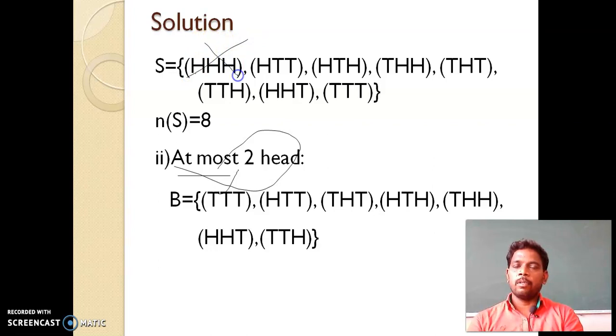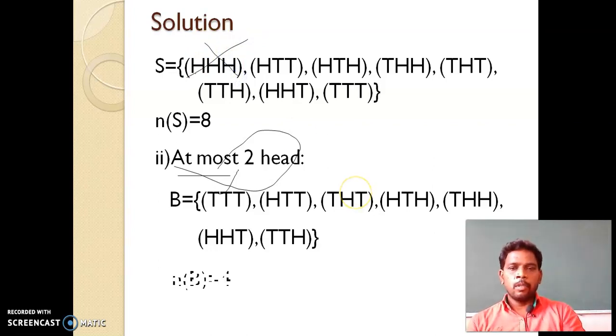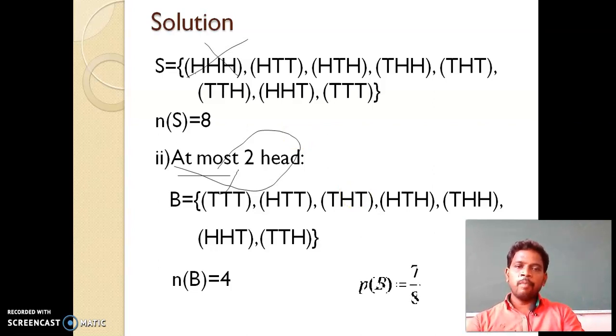We leave this one because I need maximum 2 heads only. How many are there? 1, 2, 3, 4, 5, 6, 7. So n of B is 7. The answer is 7 by 8, according to the formula: number of favorable cases divided by total number of cases.